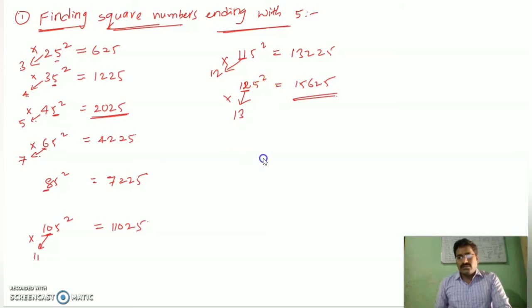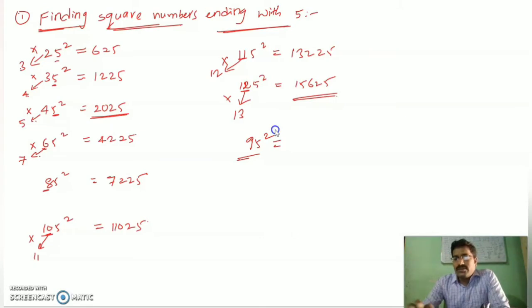We can find it without using pen and paper. Our target is not to write on paper or notebook; within your mind only we have to calculate. If we use a pen, it is a waste. Suppose 95 square, how much? After 9, 10 will come. 9 tens are 90, 25. 90, 25.